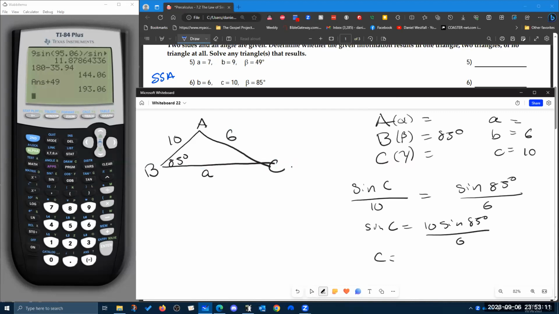C equals arc sine of that, 10 sine 85 divided by 6. Close that up.